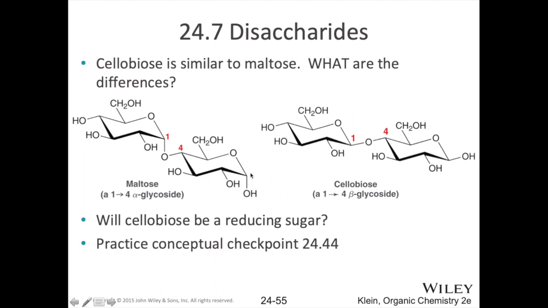This anomeric carbon can be freed up and converted back into a carbonyl, back into an aldehyde group, which can then be oxidized into a carboxylic acid. Okay, and that's the case for both maltose and cellobiose. Both of these are reducing sugars because this anomeric carbon here and its alcohol group can be converted into an aldehyde if you open up this ring.